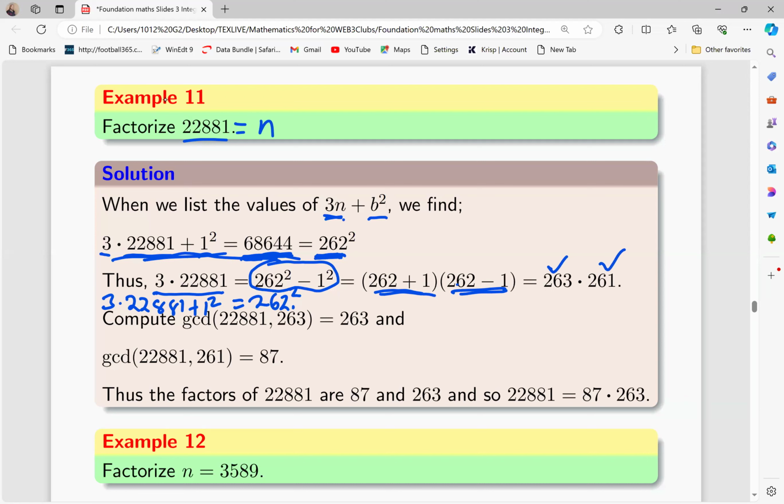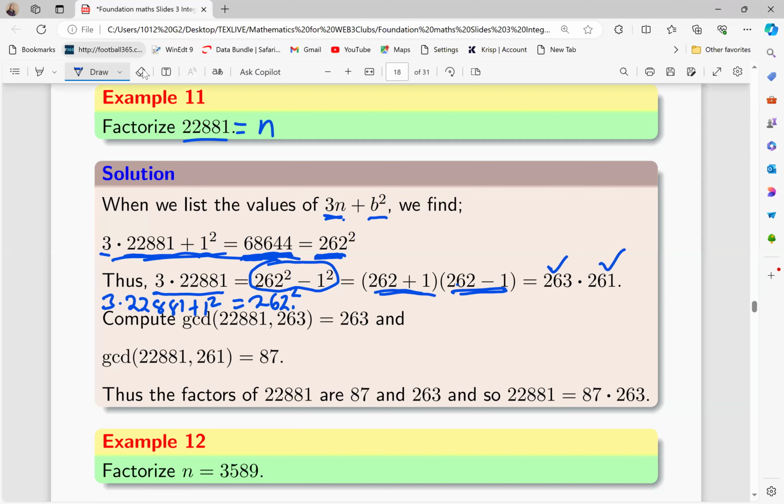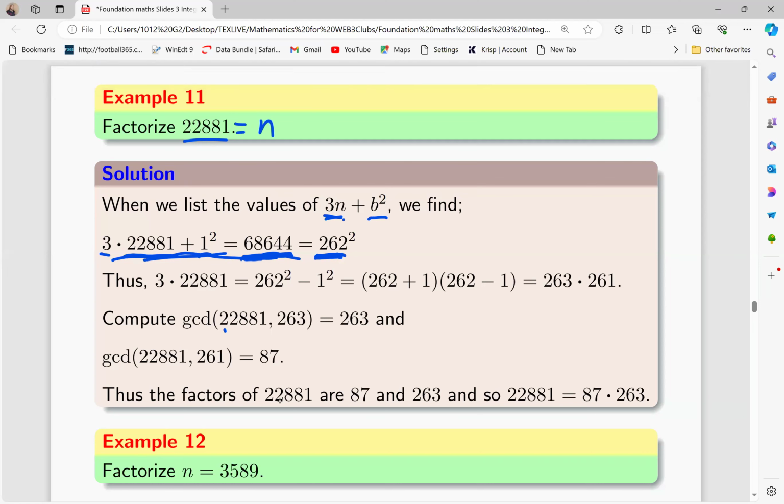Now, those are not our factors. We've said to get factors, we go further and get the GCD of the number combined with what we've just obtained. So now, the GCD of the number we're factoring combined with the first number here, when you do it using Euclid's algorithm, you find 263.